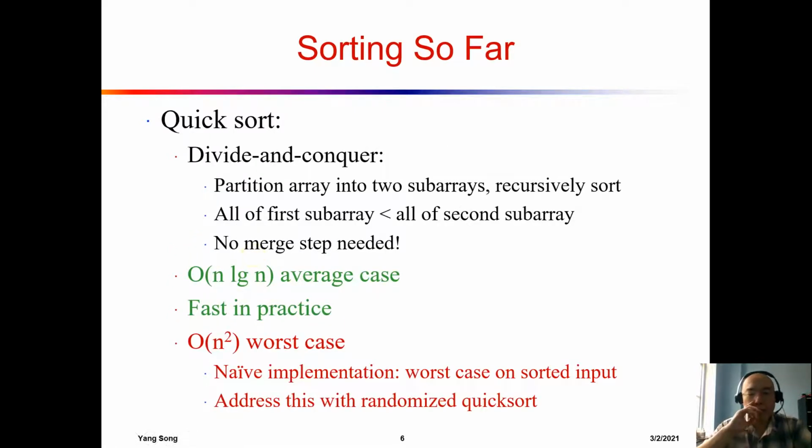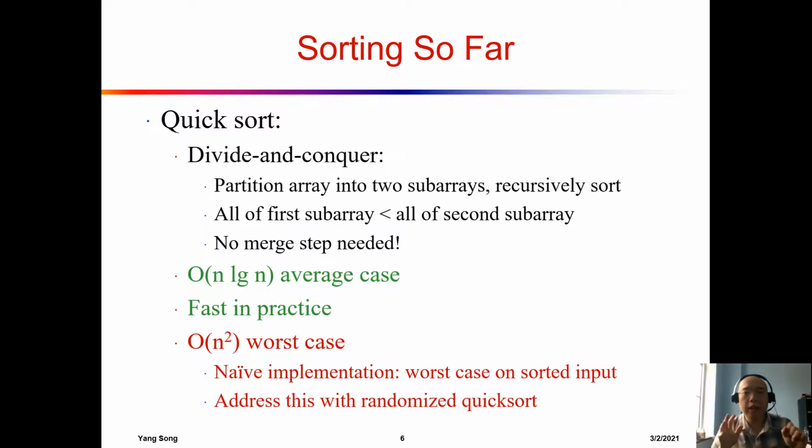Okay, and then we have the quicksort, and for the quicksort we are using a divide and conquer mindset, and then we introduce another concept called the pivot. Using the pivot, we want to separate all the values into two parts, and that's called the partition process. When we are doing the partition, we have the lower half, those are the values smaller or equal to the pivot, and then we have the upper half, those are the values greater or equal to the pivot.